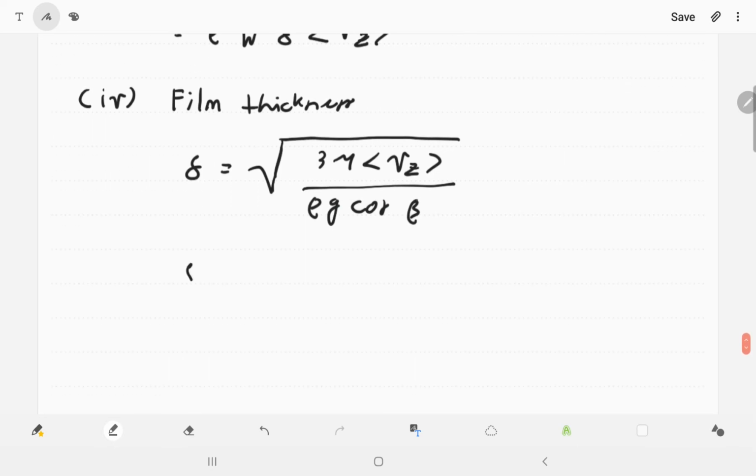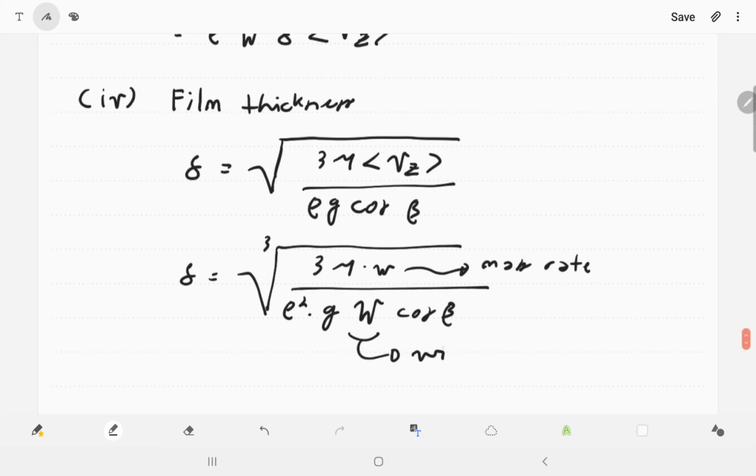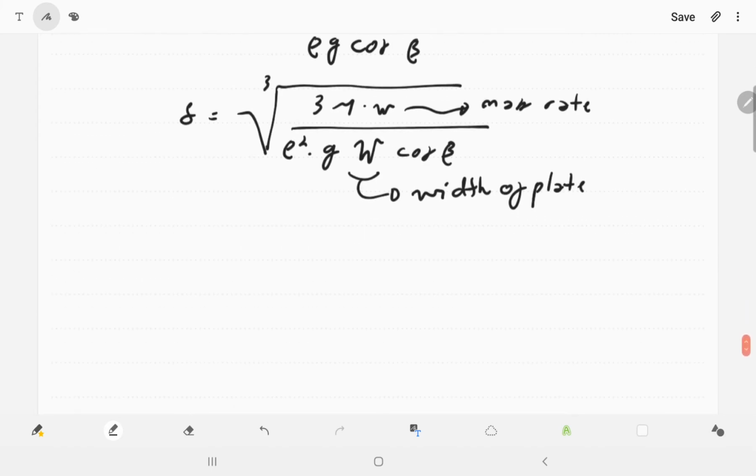Or equivalently, your film thickness is also the cube root of 3 mu w, where this w in here is noted as the mass rate, okay? And this will be divided by rho squared g W cos beta. This W in here is the width of your plate or your solid surface on the bottom of your fluid.